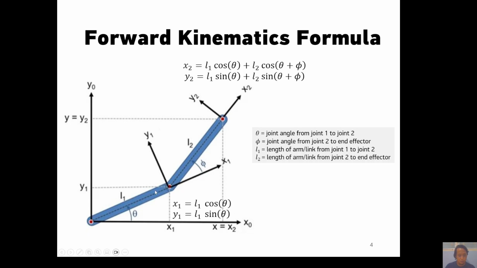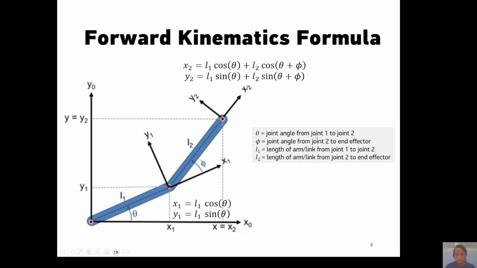And for y1, we need to multiply L1 by sine theta. And this is the complete formula to find the value of x2 and y2.